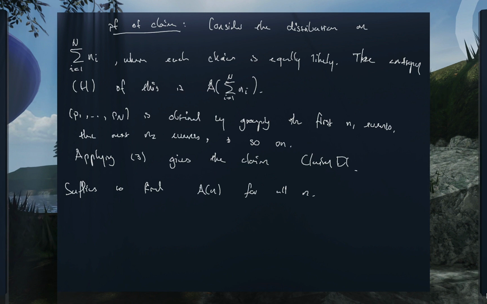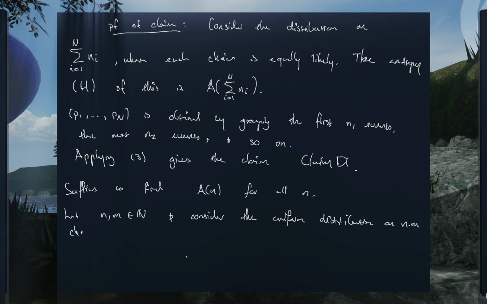Okay, let n and m be integers, and consider the uniform distribution on n times m choices.